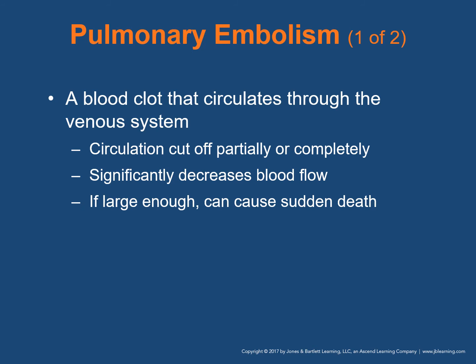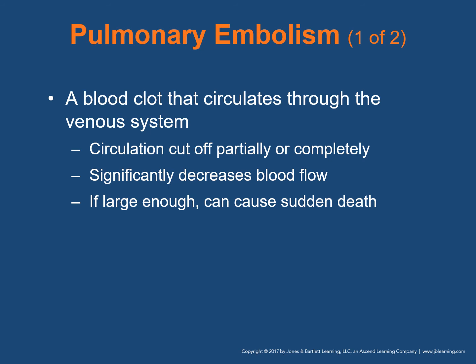Okay, we're going to talk about pulmonary embolism. So let's define what an embolus is. An embolus is anything in the circulatory system that breaks off from a distant point and travels to somewhere and lodges. It can also come from the right atrium. Somebody has atrial fibrillation where their atria are not contracting normally.